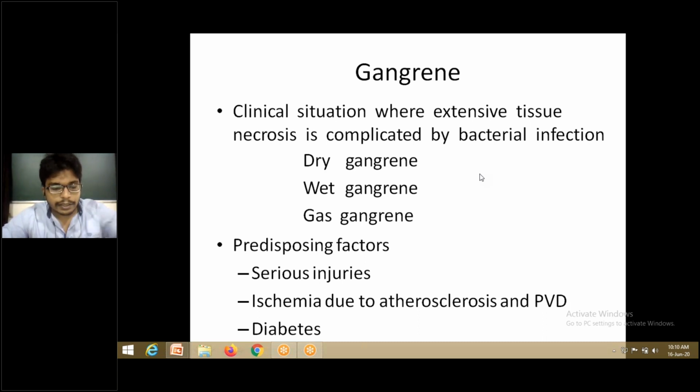Dry gangrene. You may have come across many people who have lost some fingers or toes. This is due to dry gangrene. The most common causes of dry gangrene are atherosclerosis and thromboangiitis obliterans. Atherosclerosis of the end arteries causes dry gangrene by decreasing blood supply to the fingers, and the predisposing factor for wet gangrene is diabetes.